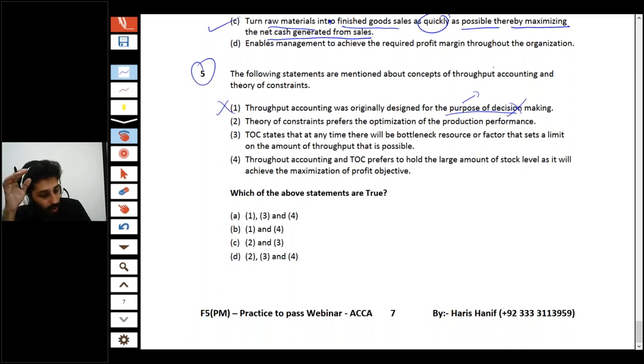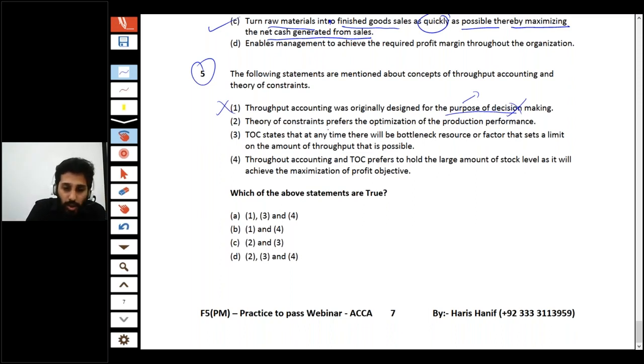Throughput accounting was originally for the purpose of performance measurement, that is, how you will be performing with respect to it.